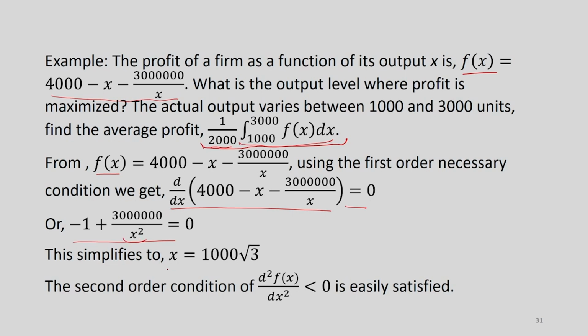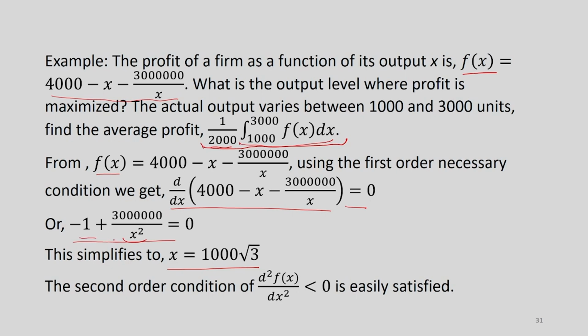And then this gives me the solution, x is equal to root over 3 million. I take the positive root because output cannot be negative, and root over 3 million is 1000 multiplied by root over 3. Now this was coming from the first order condition, so I have to see whether the second order condition is satisfied or not.